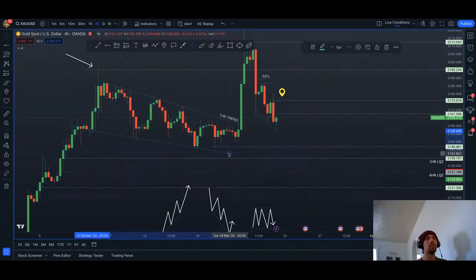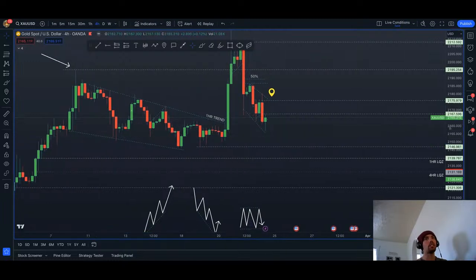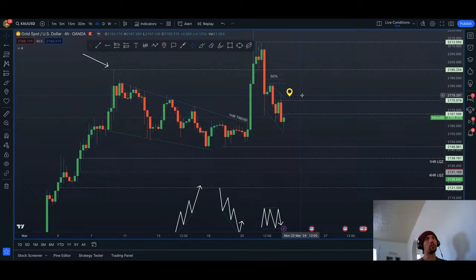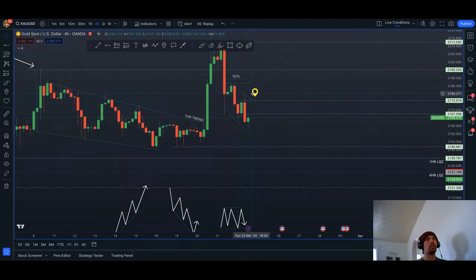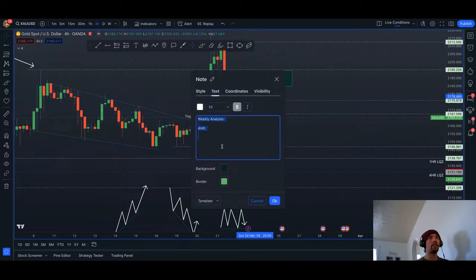Okay. So again, no significant lows broken on the 4-hour, but it did break above, and then close back below here. So let's note that. Price pushed above the 4-hour high.